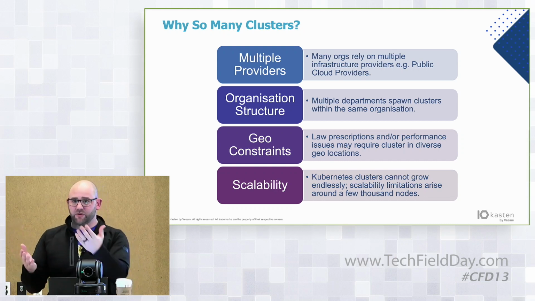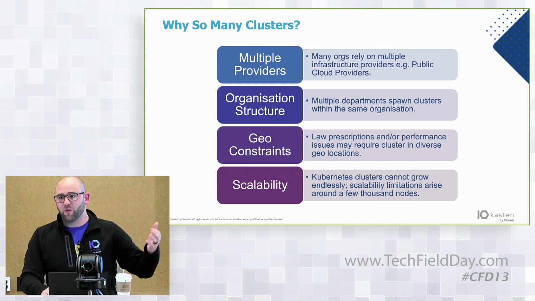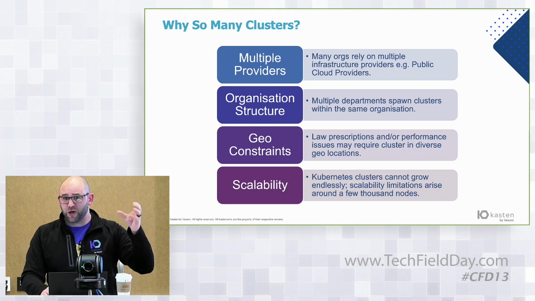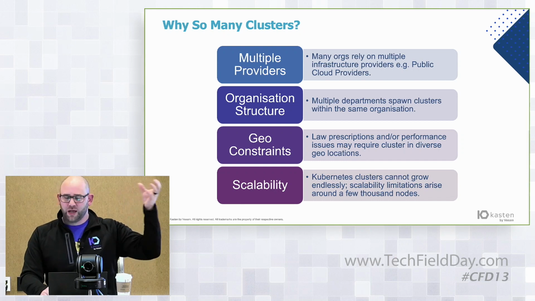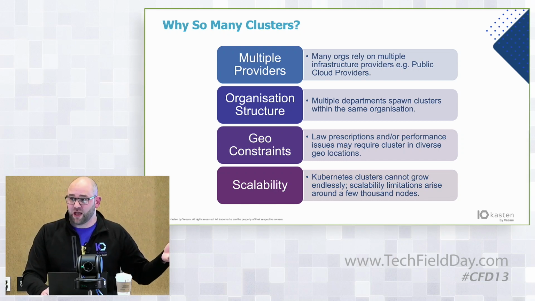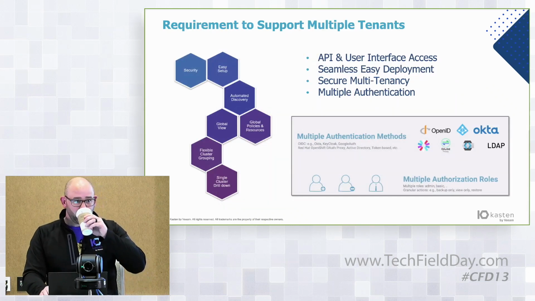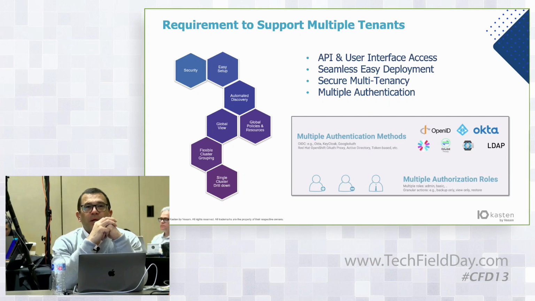I don't know if Glenn or Enrico, I know you talk about the edge quite a bit, but that's definitely what we're seeing, in that you have much smaller compute modules out there at the edge, so you have many more clusters to handle and deal with. There's also the fact that many organizations don't have the skills to manage large Kubernetes clusters. So they become more complex and they lose control very quickly.